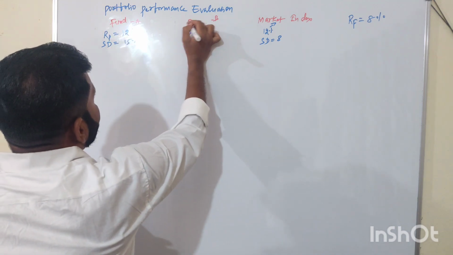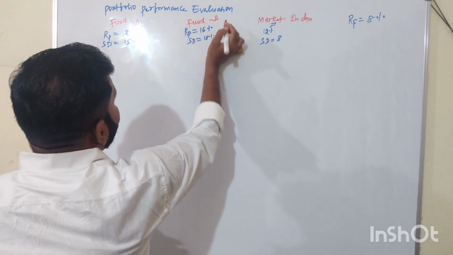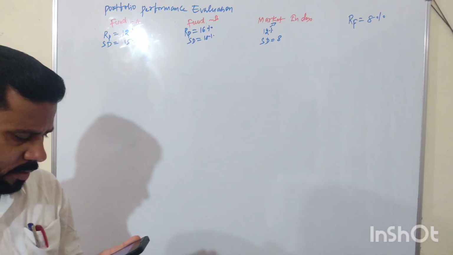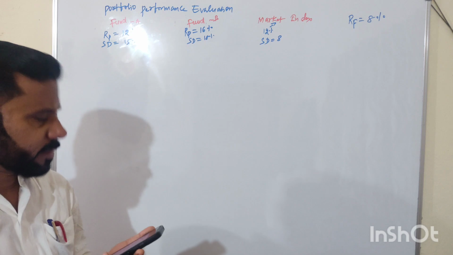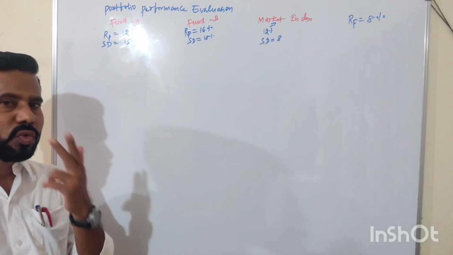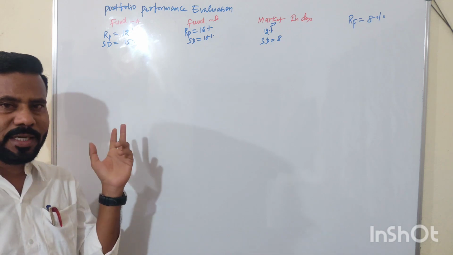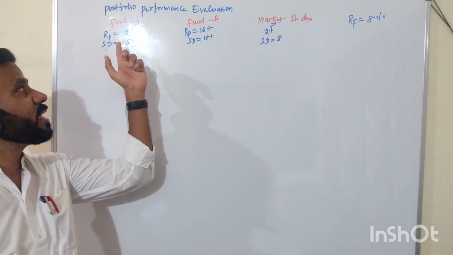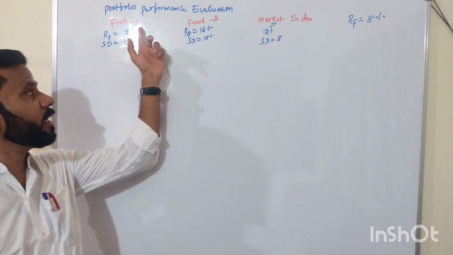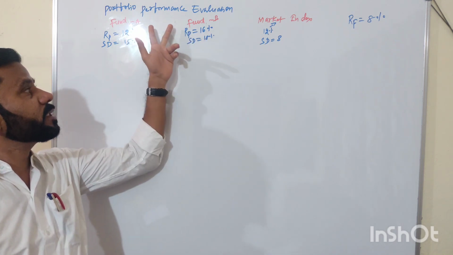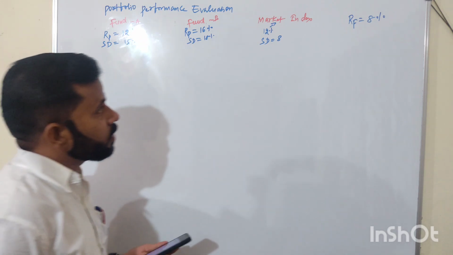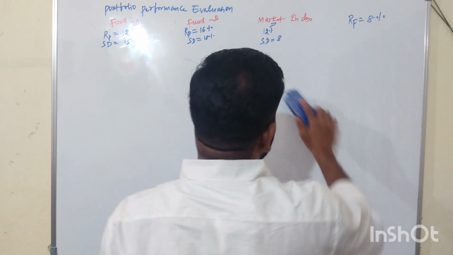Fund A, Fund B. I think we need not calculate the market index because only two portfolios' information is given here. The portfolio names are Fund A and Fund B, which means the two portfolios' information is given in the problem.